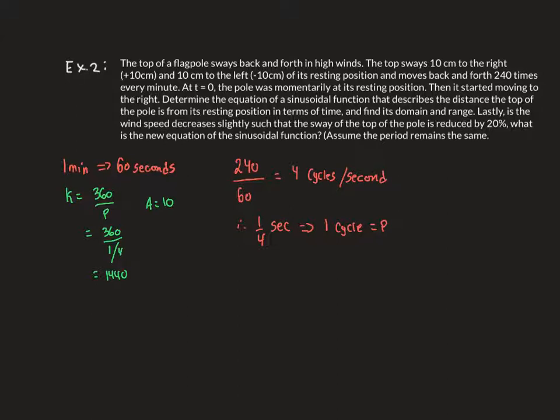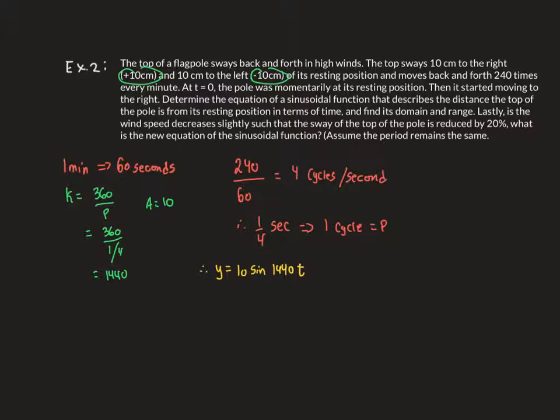I don't, because my max is 10 and I'm only at tens. Because I'm at the exact max that I should be at, there is no C. So let's write our equation. Assume we're using sine. (1440 t).